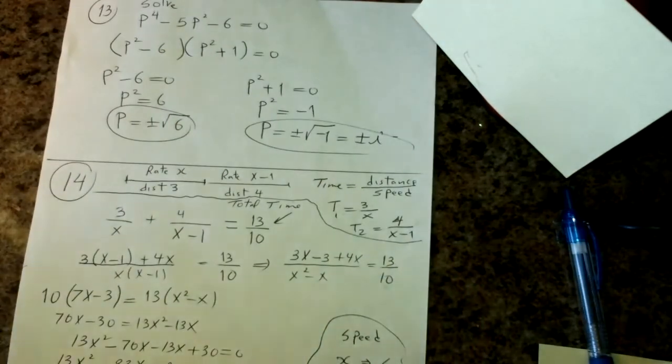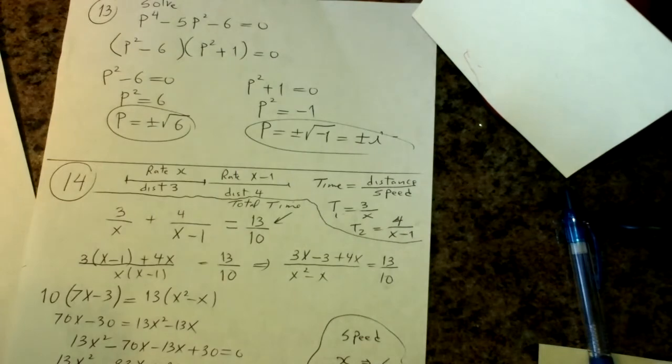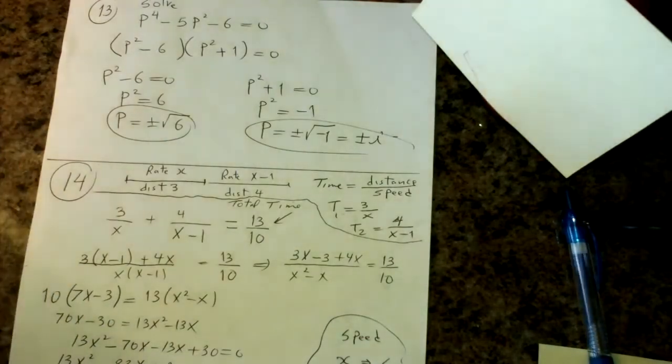Number 14 is kind of word problems, and let's see if I can find the problems here. I want to find a statement of the problem. You already have it.